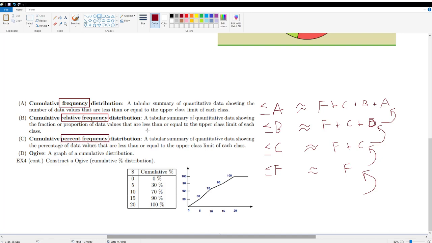These are computed in essentially the same way as with regular ones. Percentage is just relative with the percent sign on the end times 100. Frequency is what you have. Relative is making that out of everything. When dealing with cumulative, we usually, not always, but usually are using cumulative percentage frequency.